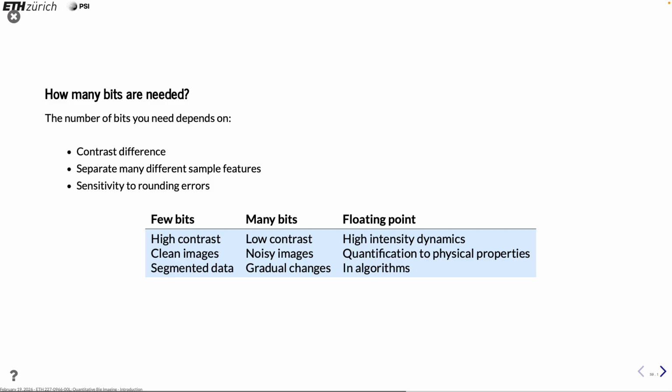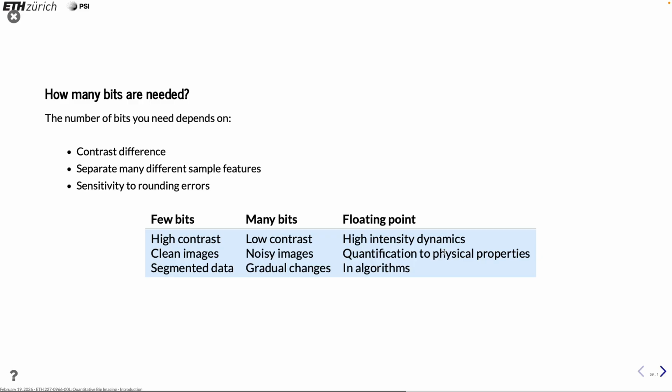Floating point is actually real values. Then you typically have a fractional number, and that is in particular useful when you have very high intensity dynamics, because the floating point has one part which gives you the value, and then the magnitude is also given in that one. And that is good for high intensity dynamics and quantification of physical properties.